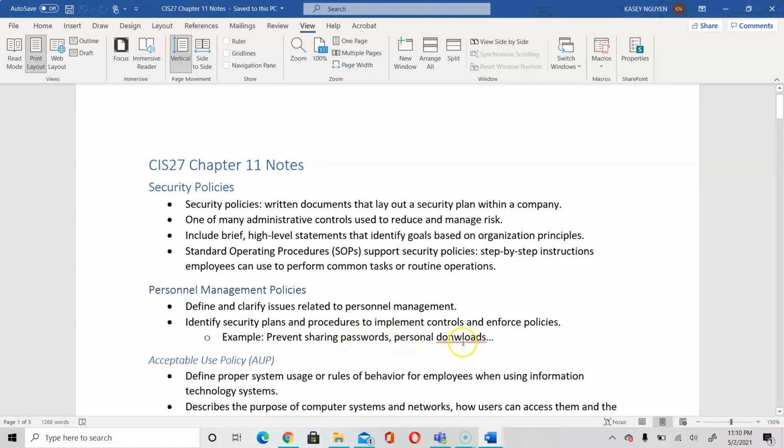And then also in other areas like personal downloads, shopping while working, using internet services for personal use, etc. So we want to tie this into policies that would allow the company to better manage the risks involving our equipment and system and our employees.